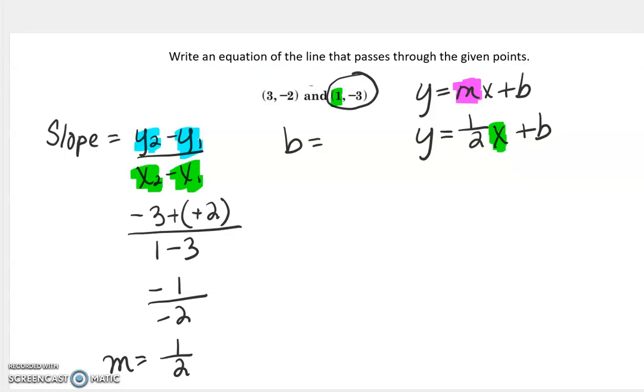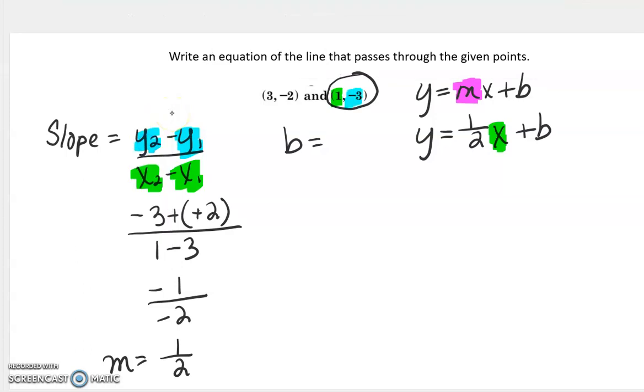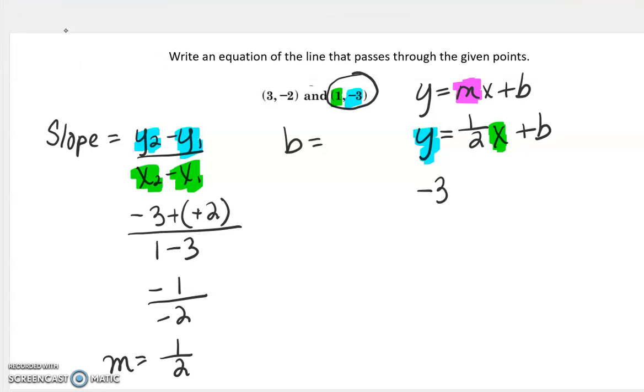Okay, and then the y value, we're going to say -3 is going to go here. All right. Again, it doesn't matter which ordered pair as long as you use only one pair, and that's it. Okay, so this is going to be -3 equals 1/2 times x, which is 1, plus b.